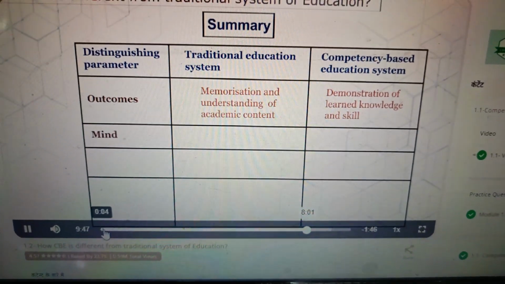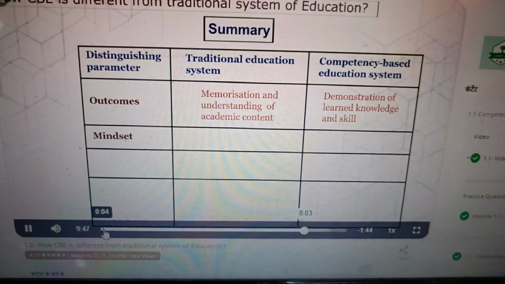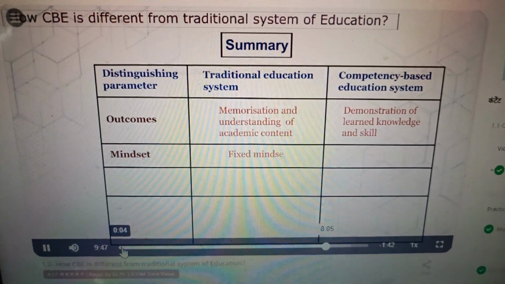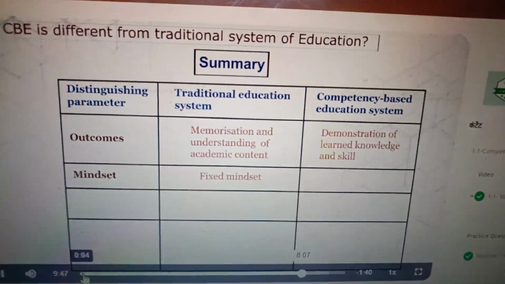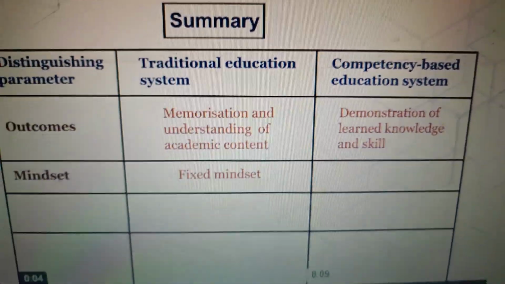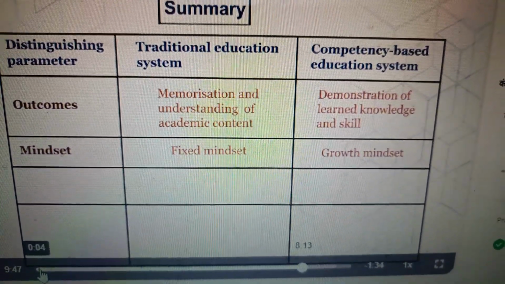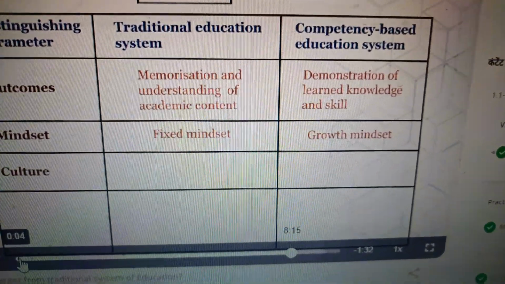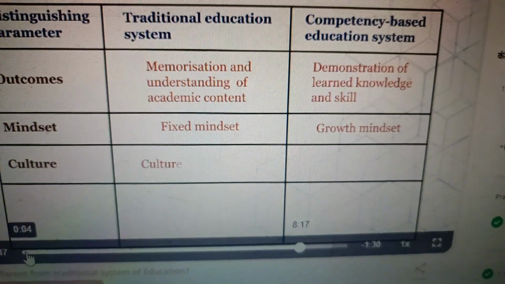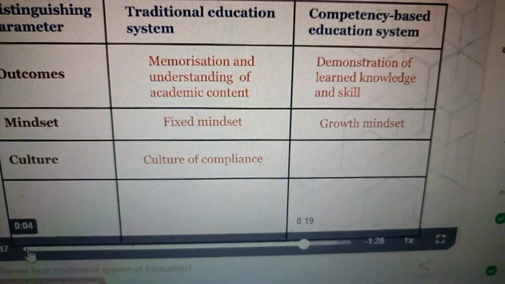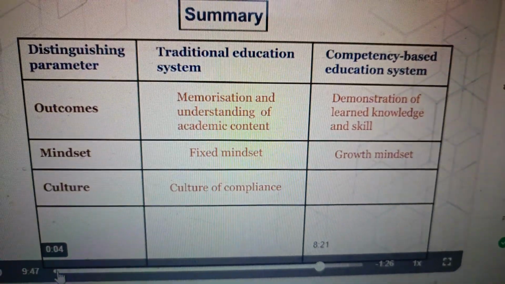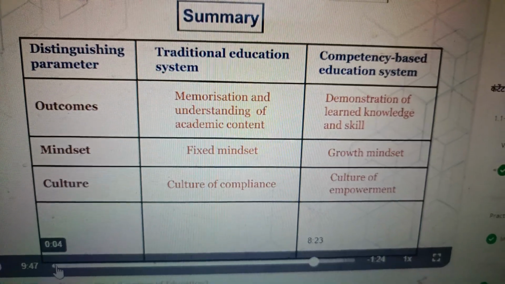The traditional education system is based on a fixed mindset ideology, whereas a competency-based education system is based on a growth mindset ideology. The traditional system believes in encouraging the culture of compliance, but CBE encourages the culture of empowerment.